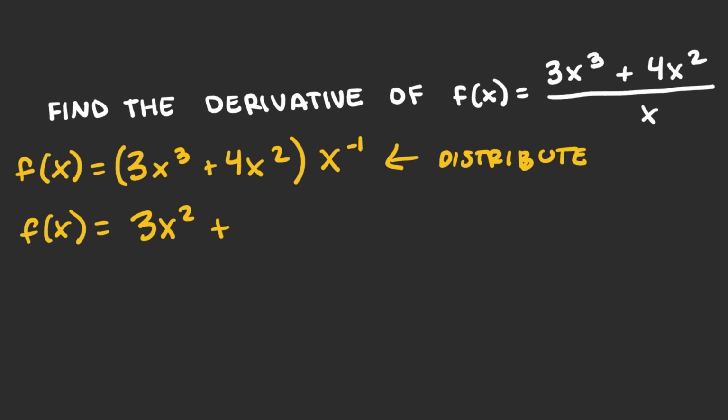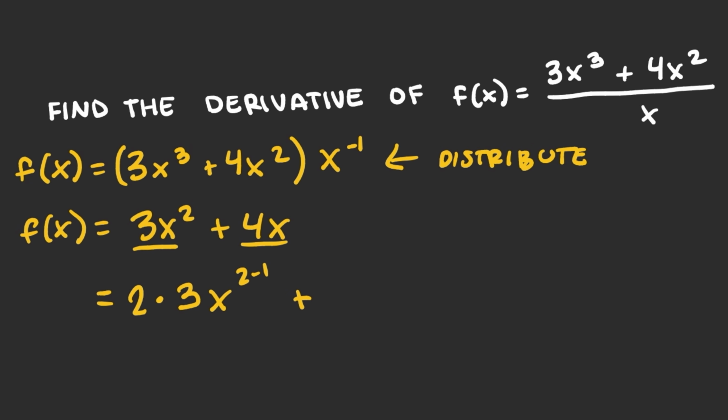So now we've distributed that. Now we can go ahead and apply our power rule. So if we apply our power rule to our first term, which is 3x squared, we would get 2 times 3x to the power of 2 minus 1 plus, and then our second term 4x, it would just be 4.